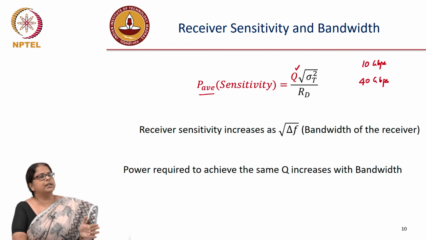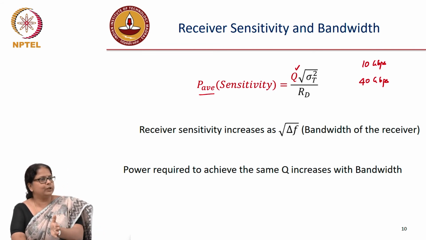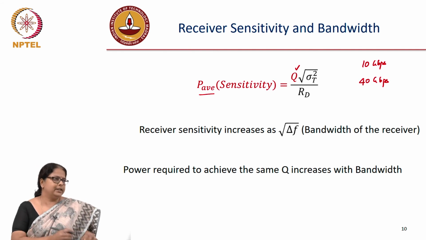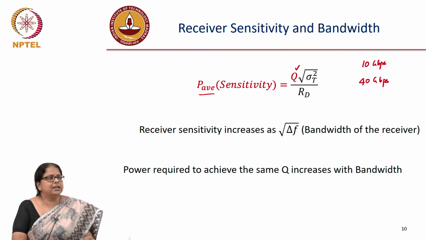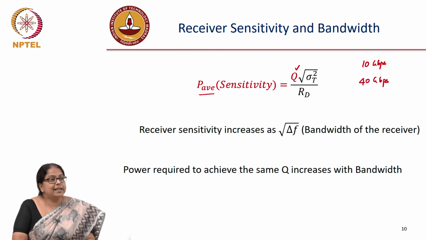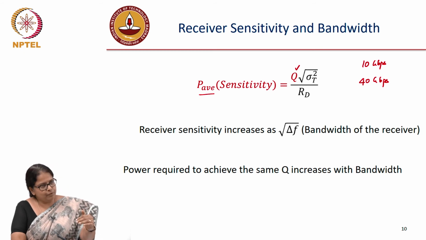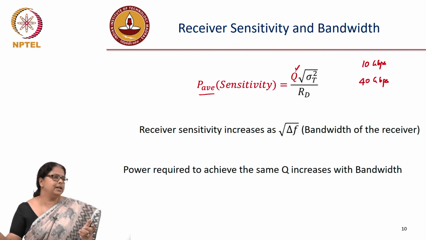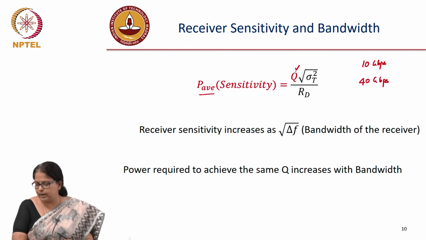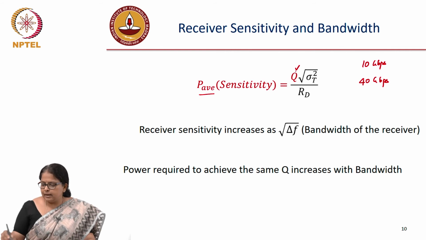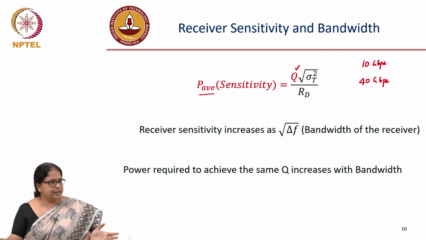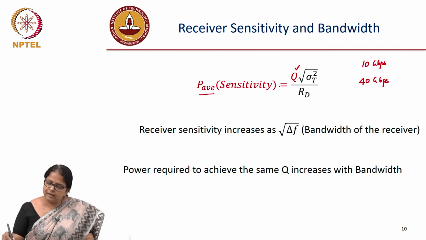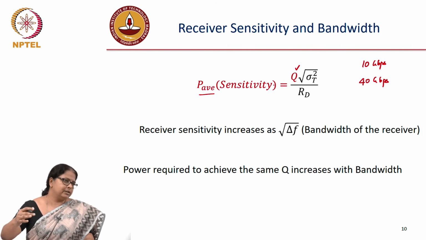Obviously, I have to change the bandwidth of the receiver so that it can receive a 40 Gbps system. But the additional constraint is also that the sensitivity of the receiver also has to improve. I cannot simply use the same receiver because my requirement for Q has not changed. That is remaining as 6 or 7 as per the link requirement. But because my thermal noise has increased, my average sensitivity has increased.